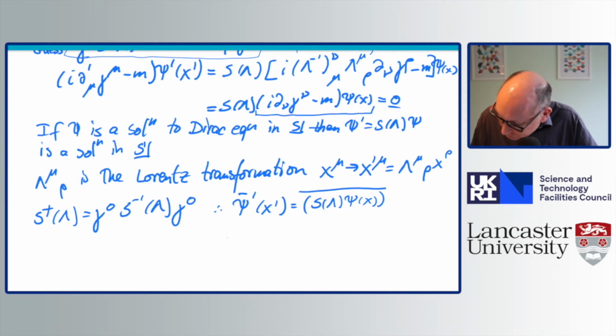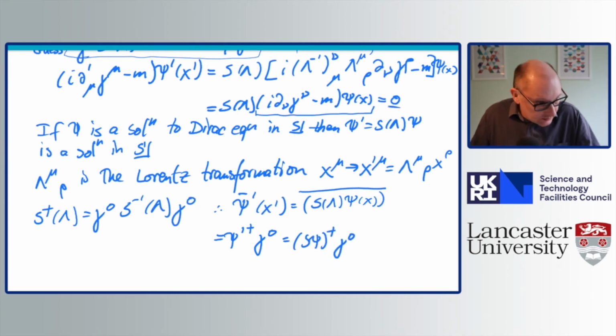So that will be equal to gamma naught. So we have here psi bar prime is of course psi prime dagger gamma naught. That's how we define the bar, the Hermitian conjugate and gamma naught. But psi prime Hermitian conjugated is equal to S psi Hermitian conjugated, and we still have the gamma naught.